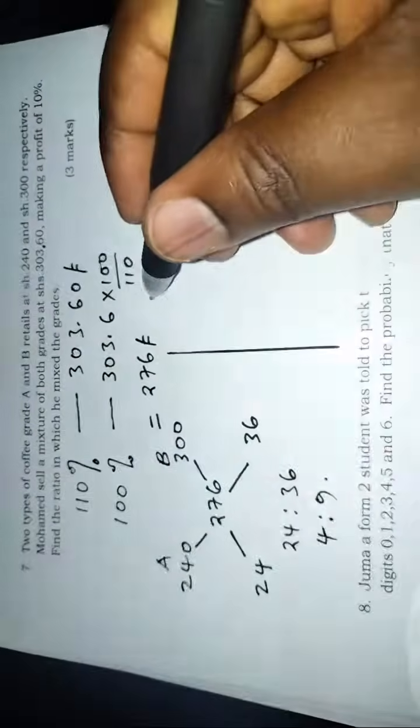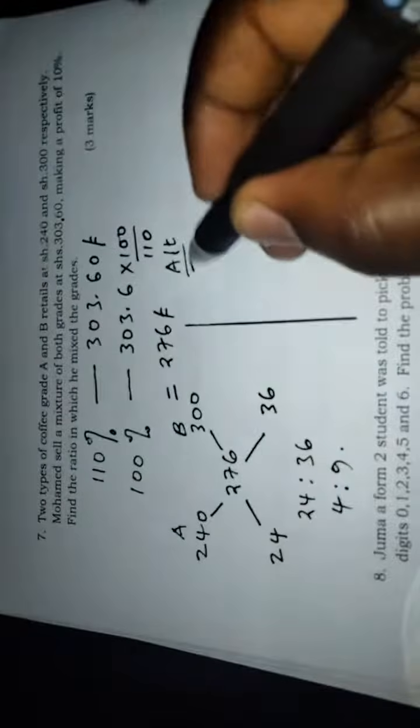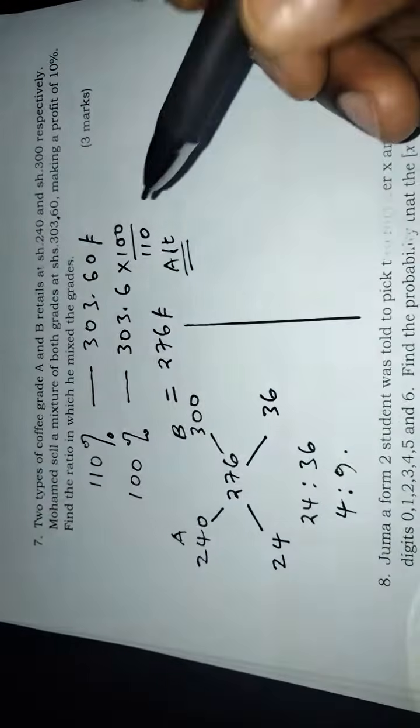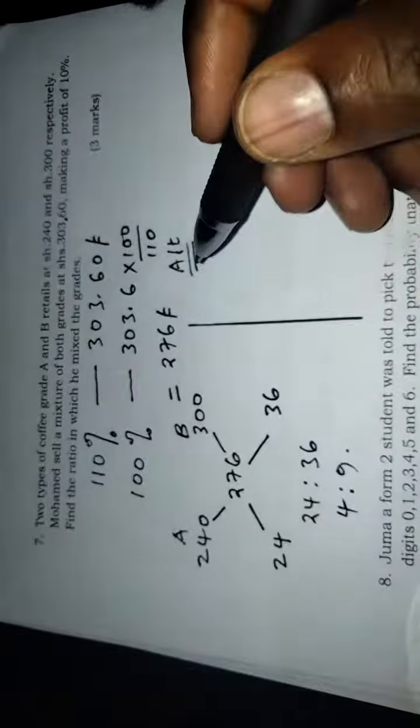Alternatively, we can say we are mixing some kilograms of A and those of B. So we can say the cost price, by 6, this is a 4, and by 6 we also get a 6.